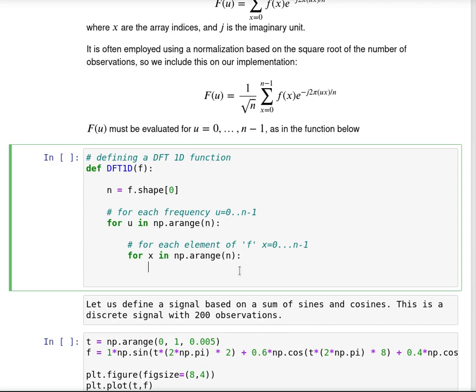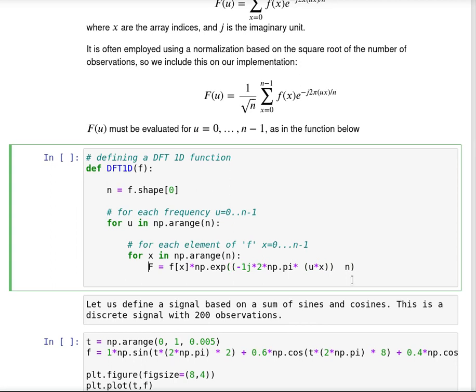So basically F of u here in this case is equal to f of x times the exponential of, in order to say that this is a complex number, I just use a constant minus 1j. 1j in Python means that this is a complex number, the imaginary unit, times 2 times pi, and then times ux, in which x is the point and u is the frequency, and everything in here is divided by the total n.